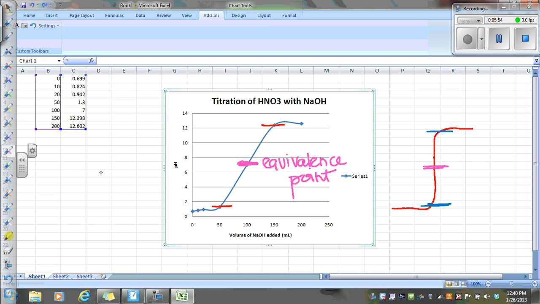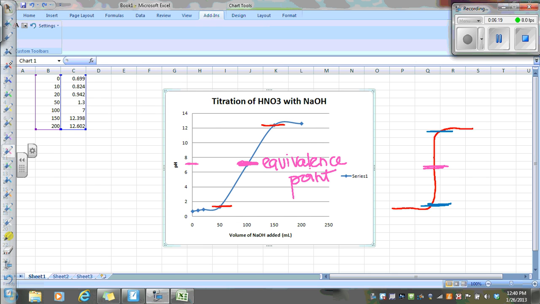If you look at this and we go over, that's at a pH of 7. So for a strong acid, strong base titration, the equivalence point is going to occur at 7. So you want an indicator that's going to change color really close to a pH of 7.